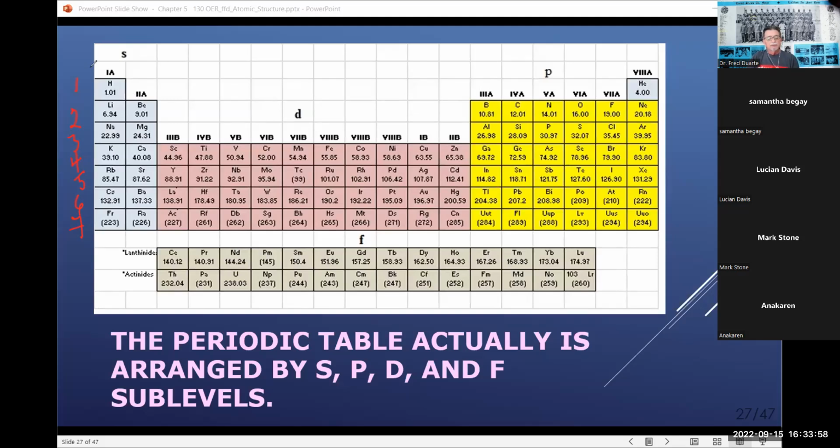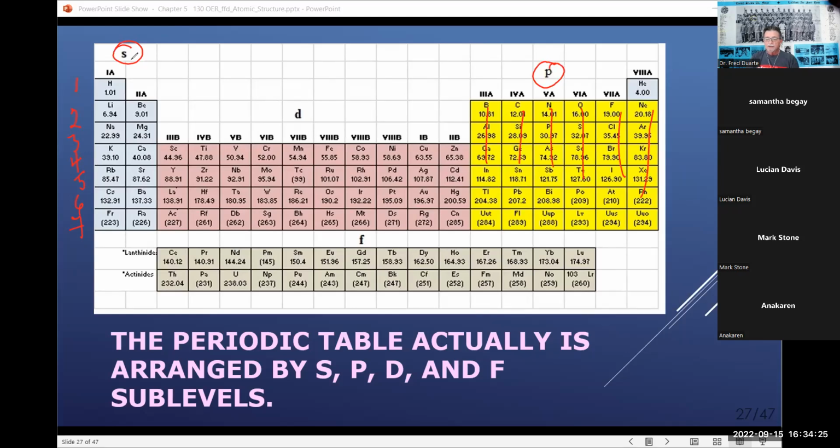And so the first 2 columns, think of those as the S elements. If you look at the yellow, okay, notice that there are 1, 2, 3, 4, 5, and 6 columns. Think of these guys in the yellow as the P elements, right?